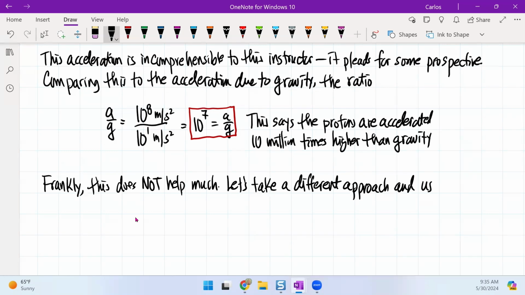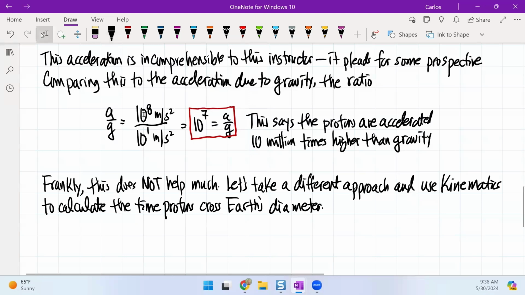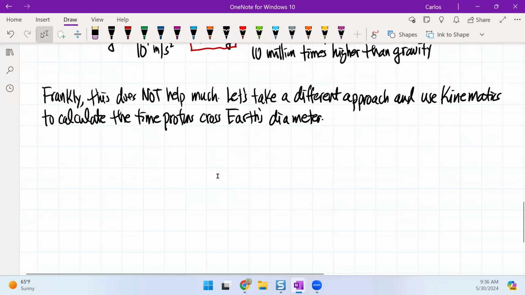And use kinematics to calculate the time protons cross Earth's diameter. So here's what we know.